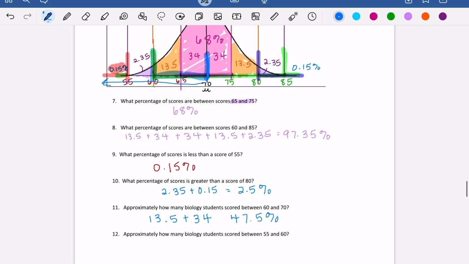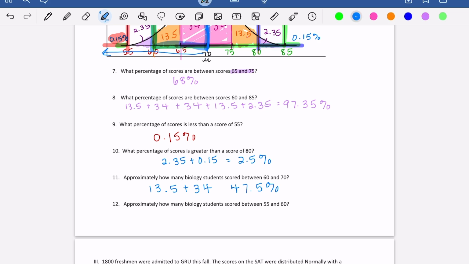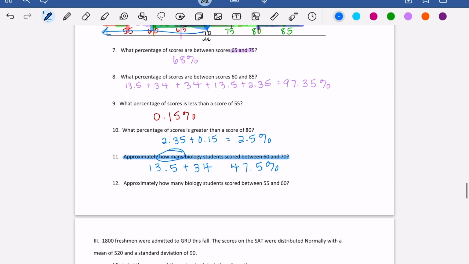And then it says approximately how many. Now notice I didn't answer that question. It says approximately how many biology students scored between 60 and 70. It doesn't say what percent. This time it says how many. So I have to take this percentage, which is 47.5%, and I have to multiply it by the 2,000 students.